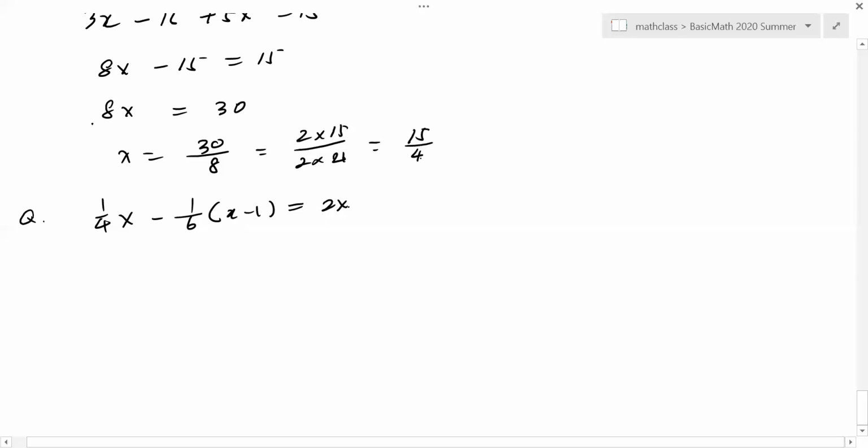All right, it's a similar idea, right? But the least common multiple may be smaller, you know. What is the least common multiple to get rid of 4 and 6?